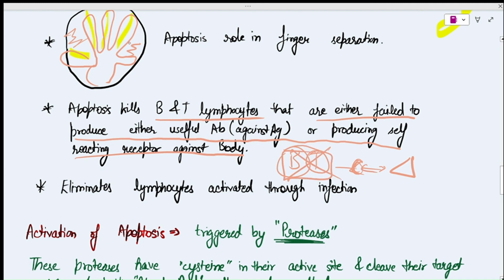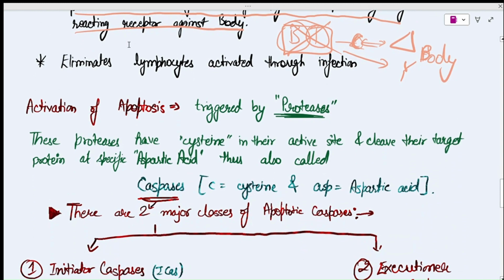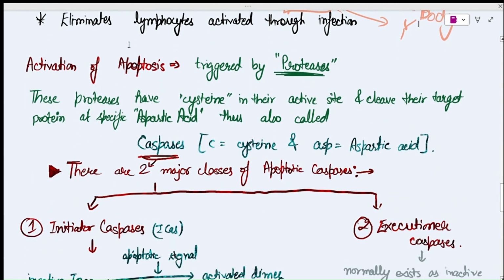This is the first case. Or if the B and T cells somehow produce antibodies that work against the body, we don't want good cells to get destroyed. That's why apoptosis comes into play, and it helps with the elimination of these B and T cells along with the antibodies. And it eliminates lymphocytes activated through infection. This is also a good point.